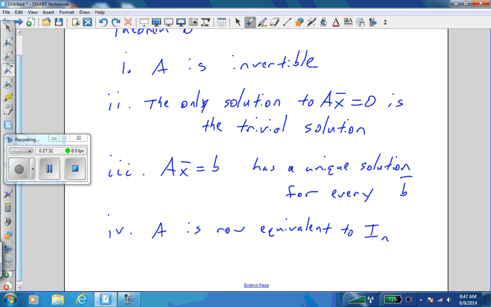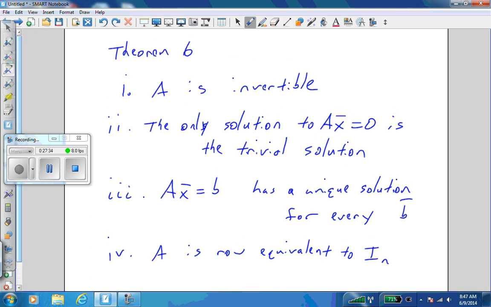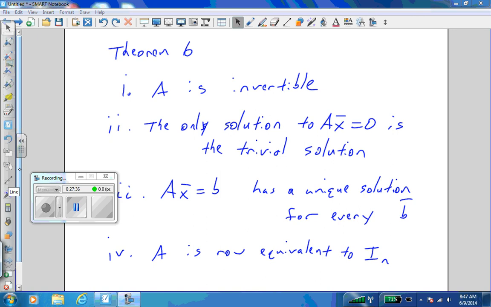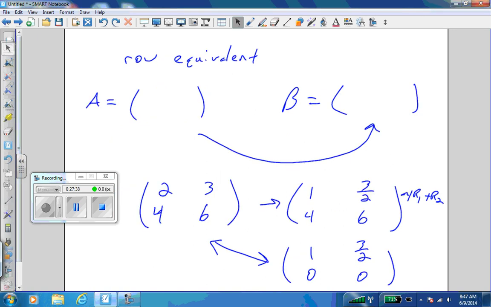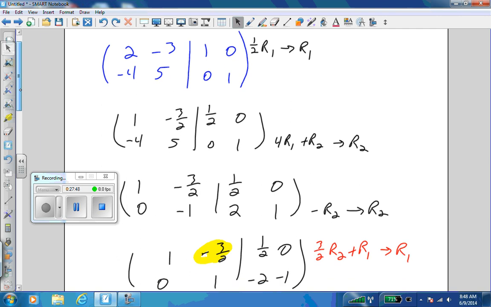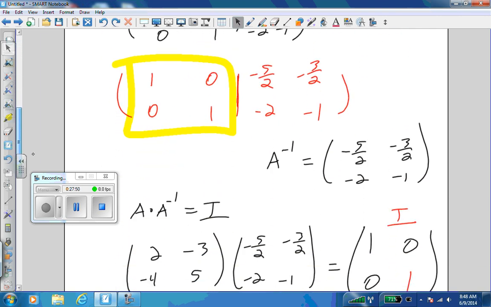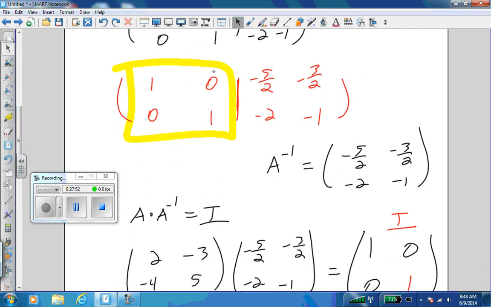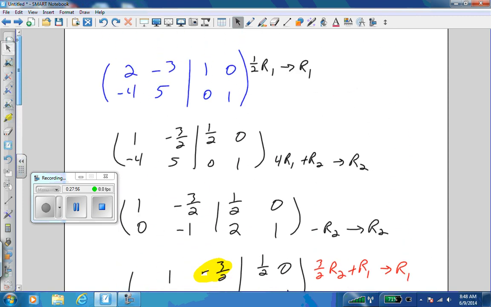And we saw that, we had not defined row equivalency yet, but we saw that here when we took A with an augmented matrix with an identity here, and we row reduced that, we came up with the identity matrix on the left by elementary row operations.